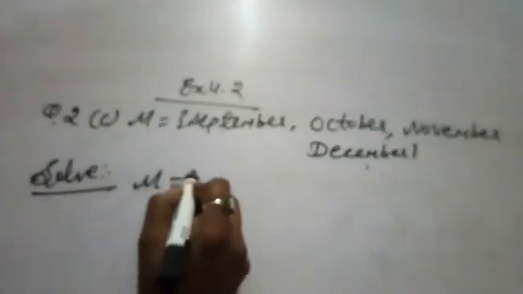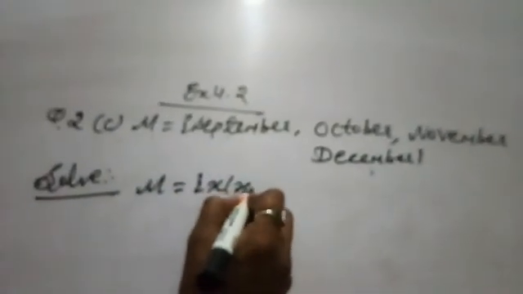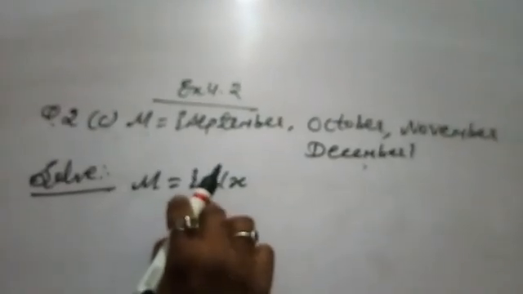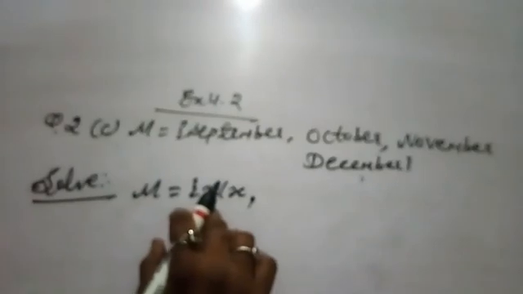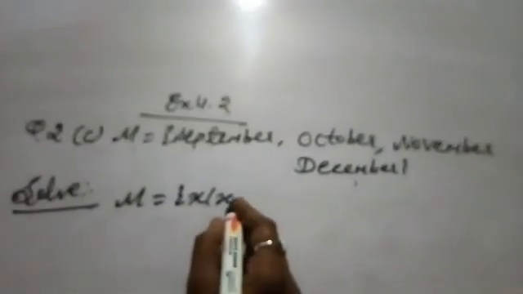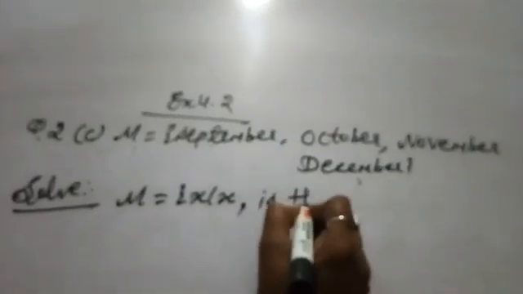So in the set builder form, how can we write it down? According to the format of set builder form, this is x such that x represents the element of the set. So it is the name of the last 4 months of a year.